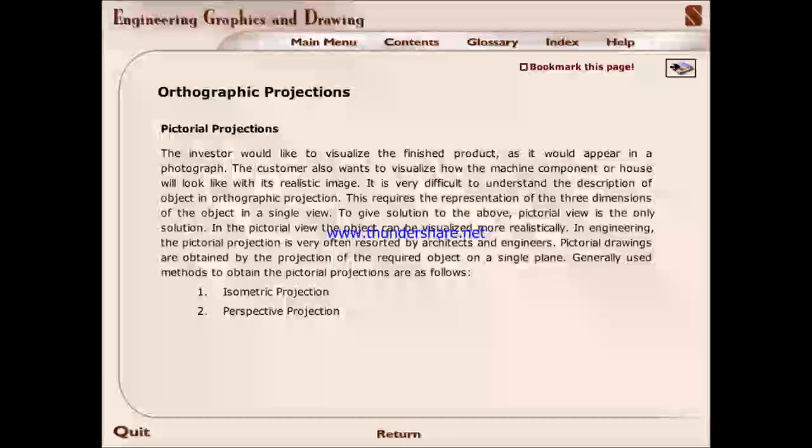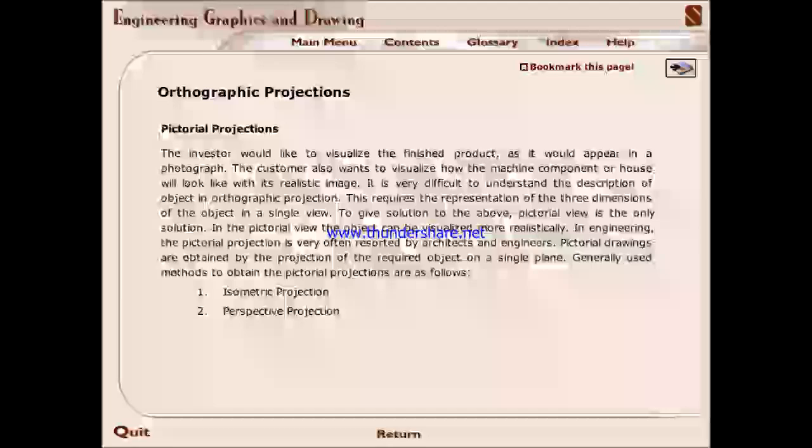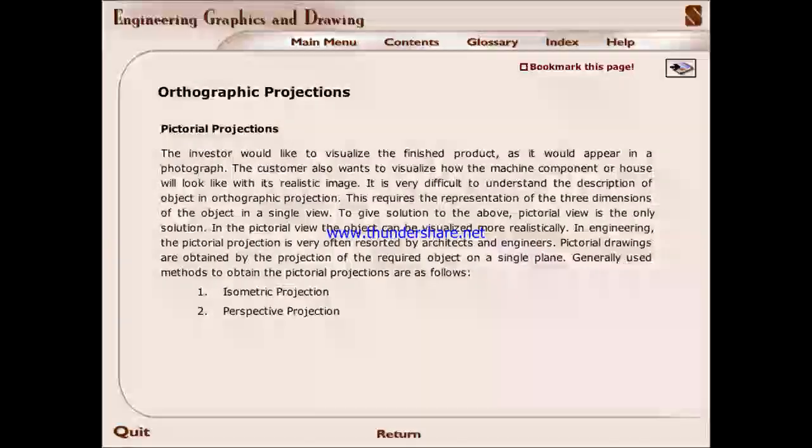In engineering, pictorial projection is very often resorted to by architects and engineers. Pictorial drawings are obtained by the projection of the required object on a single plane. Generally used methods to obtain pictorial projections are isometric projection and perspective projection.